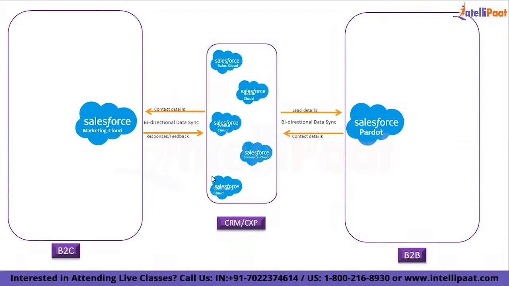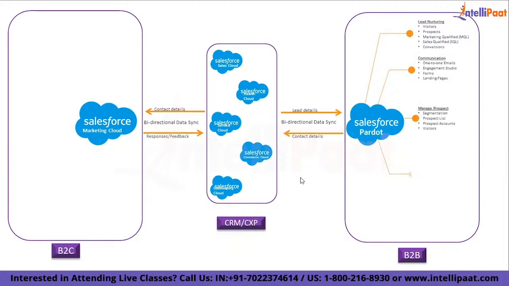So we can have bidirectional transfer or movement of data. On the Pardot side, as I said, we can nurture the lead, make the communication, manage the prospects, see the reports when we make the communication, and also work on the admin parts.